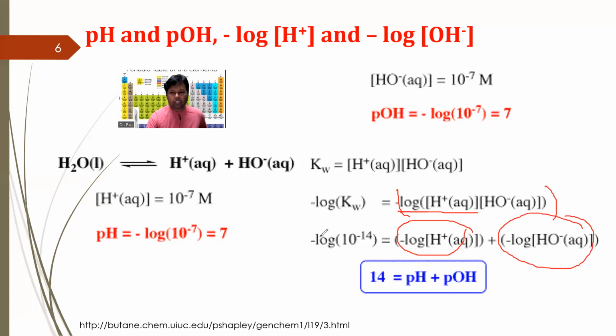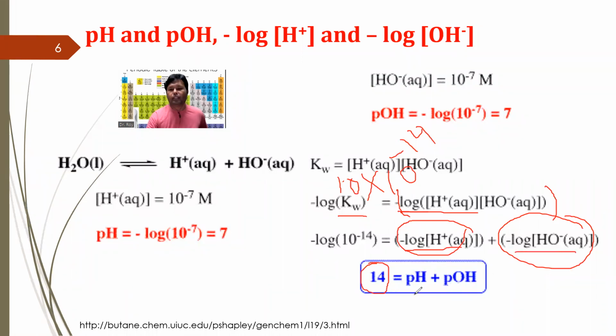Here the value of Kw is 1.0 times 10 to the power minus 14. If we write the minus log of 10 to the power minus 14, that becomes 14. You can use your calculator to find the value: minus log of 10 to the power minus 14 gives 14. This is the definition of pH, and this is the definition of pOH.